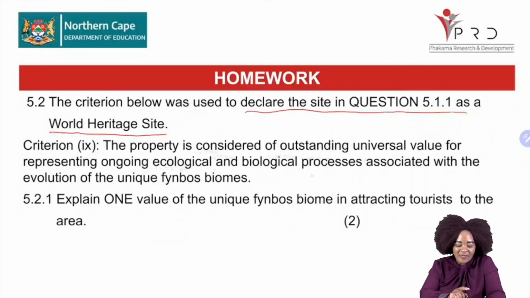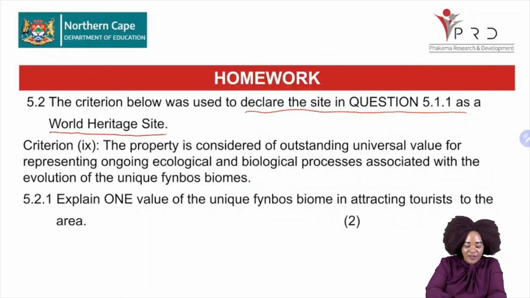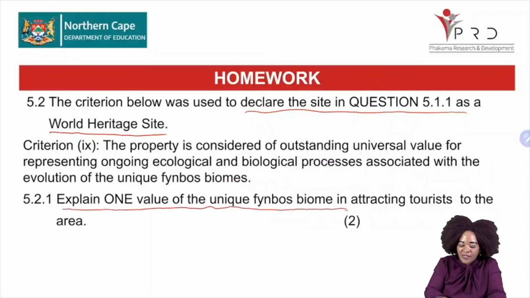You see now, so the World Heritage Site that we're supposed to mention in 5.1.1, this is the criteria that has been used to declare it as a World Heritage Site. Now, this is the question whereby you are supposed to explain one value of the unique fynbos biome in attracting tourists to the area.